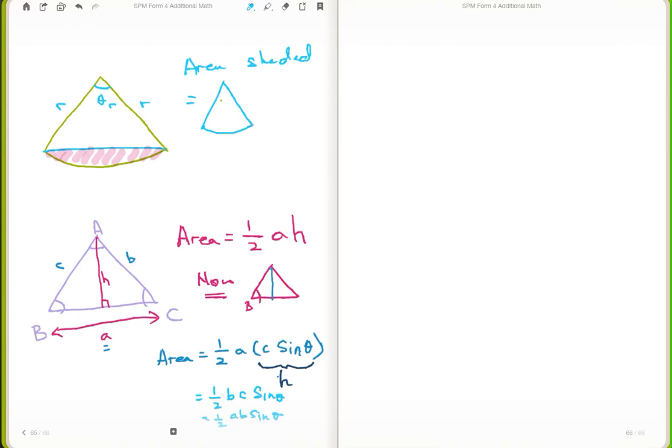I find out the area of the bigger sector, I subtract the triangle of the same R. They have the same R. So the area of a segment will therefore be 1 over 2 theta R, radian, must be in radian, is important, R squared.